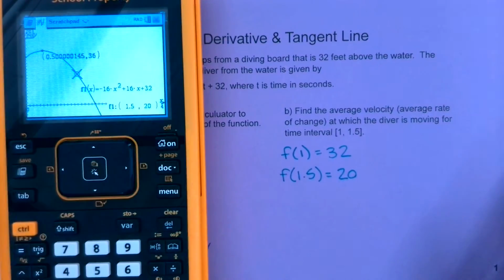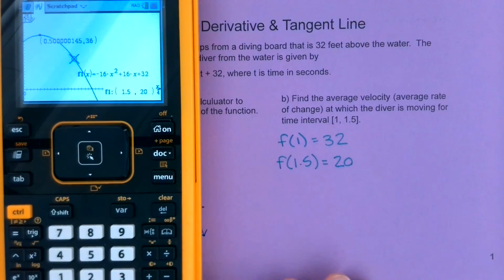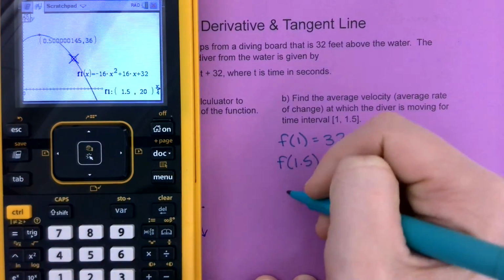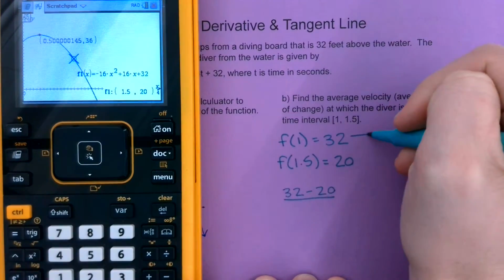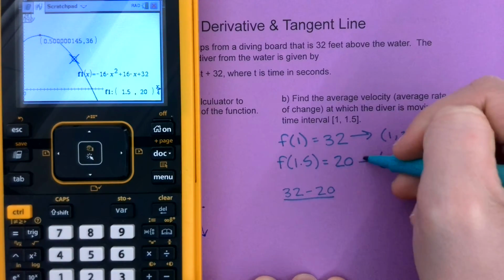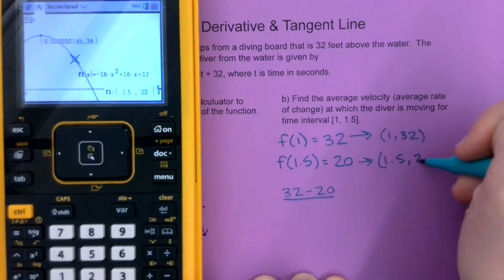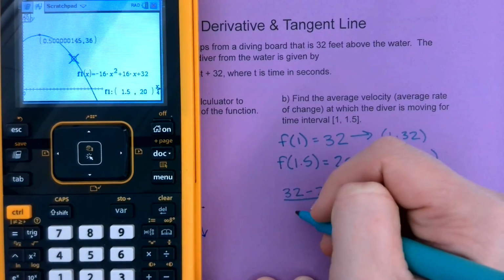Okay, so now how do I find the slope? Yeah, the slope formula, where we're subtracting our y's. So I've got 32 minus 20. So these are both giving me a point. I've got the point (1, 32) and the point (1.5, 20). So I'm subtracting my y's over subtracting the x's.